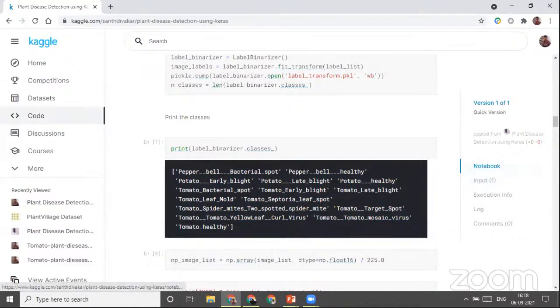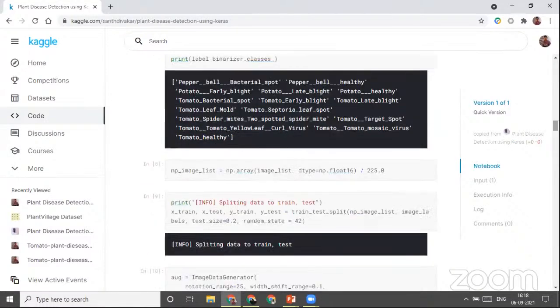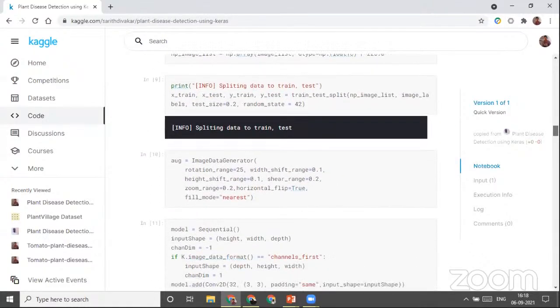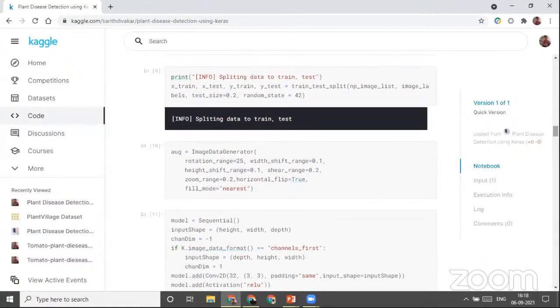We are going to do the encoding, and also the normalization of your data set. As I said, you don't pass the actual images as they are, you have to normalize, so you divide by 255 here to normalize the data set. The next step is to split your data. The data should be split into a training data set and a test data set.